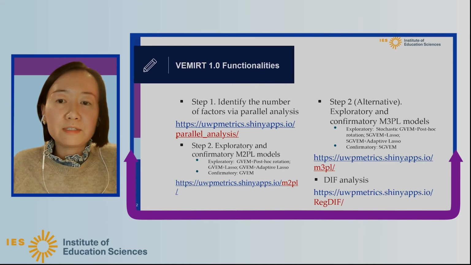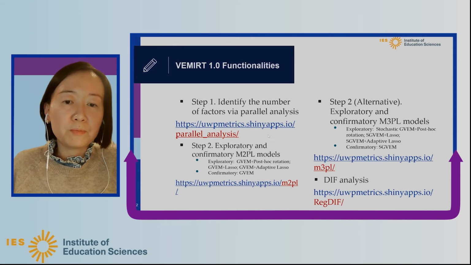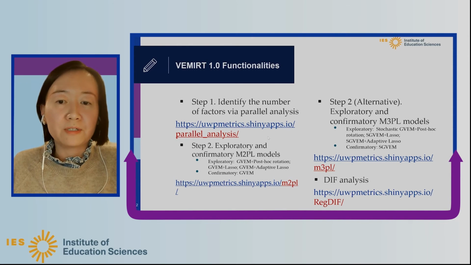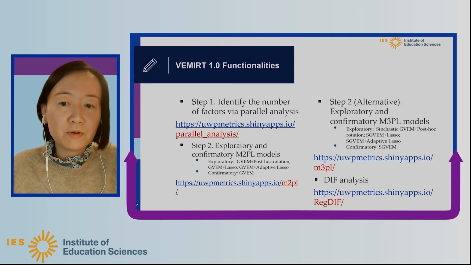And then in step 2, we actually separate out the 2PL versus 3PL model because the algorithm itself is very complicated and takes a long time to load on the Shiny app server. If we lump them all together, it will simply time out because there is a time limit constraint for uploading backend computations to the Shiny web, and it's 5 minutes.